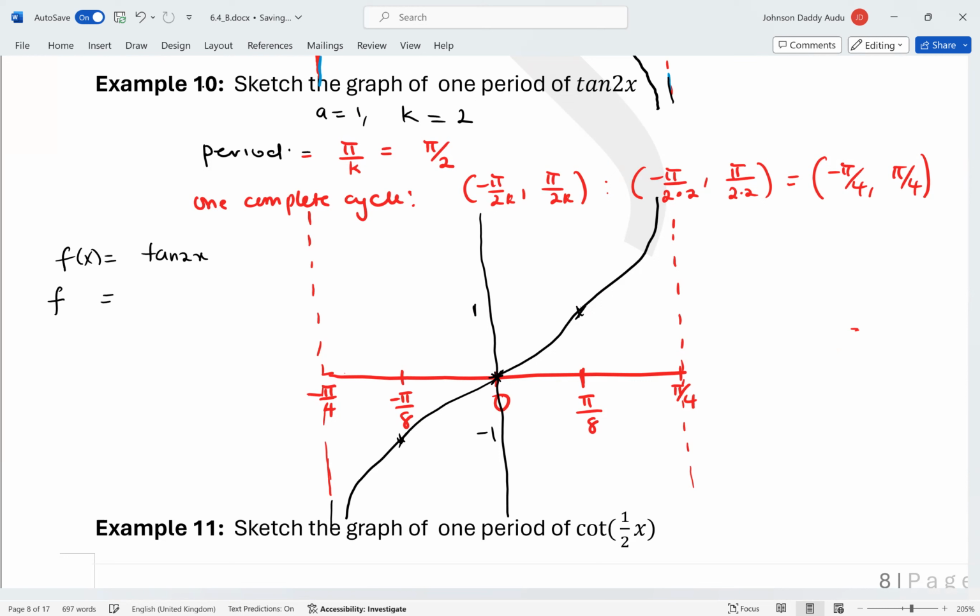So we can check f of minus pi over 8, which will just be tan of 2 times minus pi over 8. And what do we get? This is just tan minus pi over 4, right? And this is just minus tan pi over 4 because tan is odd. And this is just minus 1. Yes, and you can see we are fine here. Okay.